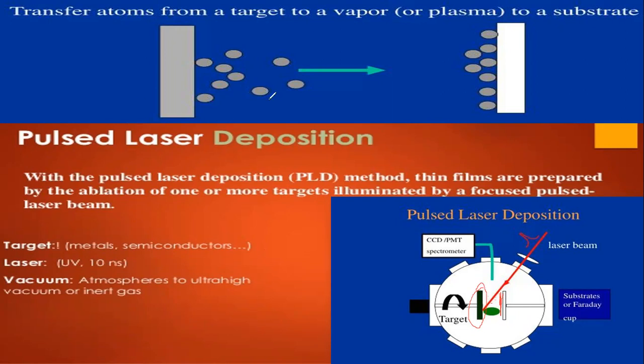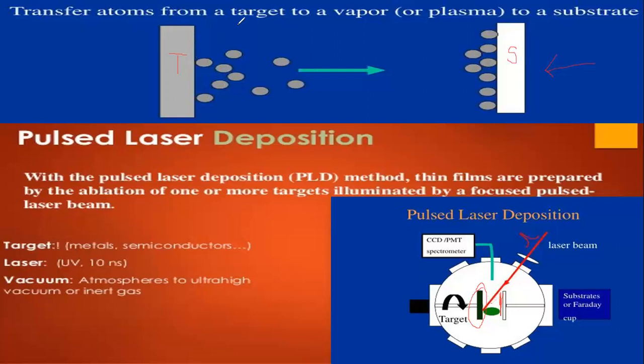Here we can observe that this transfers atoms from a target to a vapor to a substrate. Here we can see the first figure. This is the target side and this is the substrate side.